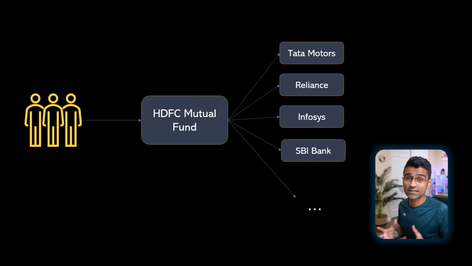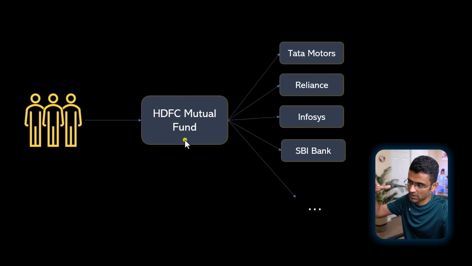Equity research analysts such as Peter Pandey in our Rocky Bhai story do exist in real life. Let me give an example of a mutual fund. You might know about all these mutual funds where you can invest your money. All these three yellow color people are common people like us who are investing their money in the mutual fund, and the mutual fund will eventually invest in individual stocks.